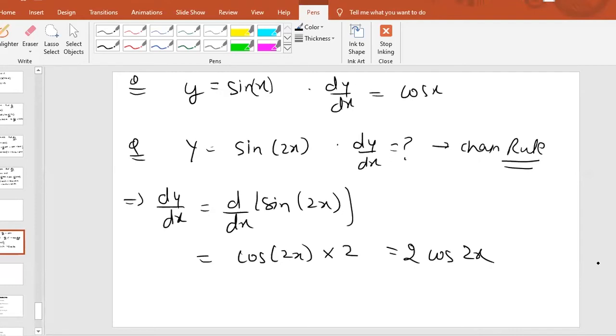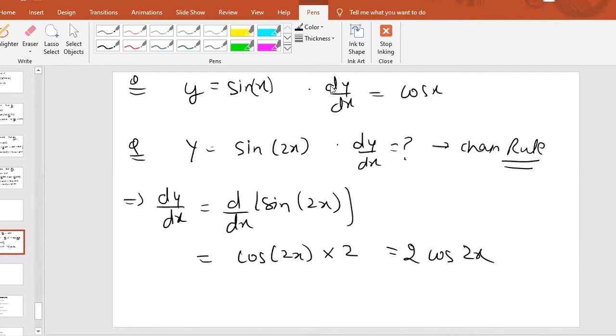If we are differentiating any function like 2x, it can be any function, but if it is not equal to x, then we have to follow this rule. First, differentiate the first function, that is sine, then go inside the bracket and differentiate this part with respect to x. This is known as chain rule.